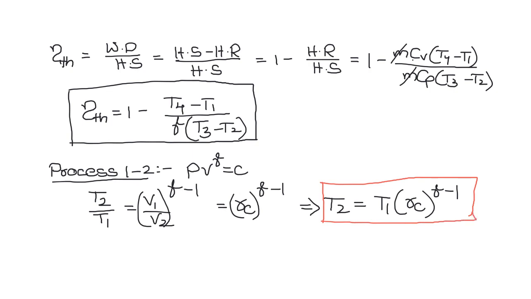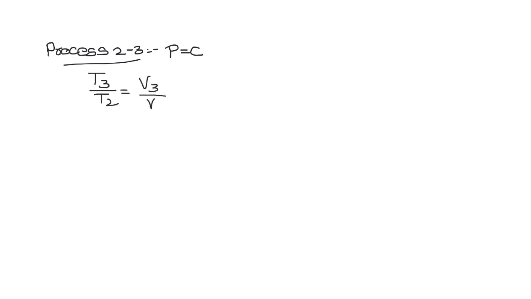Now let us go for process 2 to 3. Process 2 to 3 is a constant pressure process. During a constant pressure process, temperature is directly proportional to volume. So T3 by T2 is equal to V3 by V2.